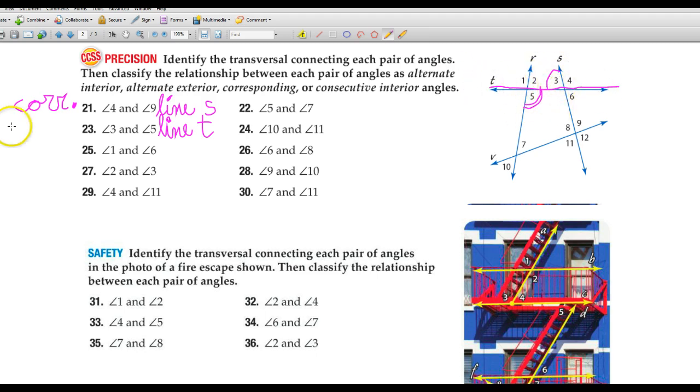So they're alternate. And they're in between lines R and S. They're on the inside, or the interior of R and S, in between those two. Alternate interior angles.